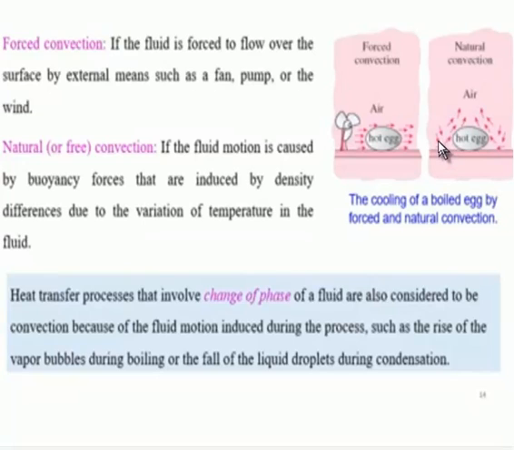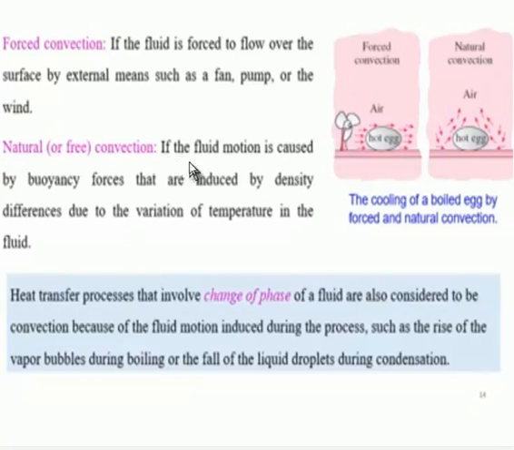Then the buoyancy forces act, and the air flows upward due to the density differences of the air, which is nothing but temperature differences in the fluid. So the air flows naturally over this hot egg. That's why it is called natural or free convection.